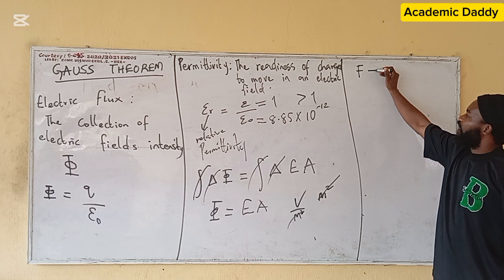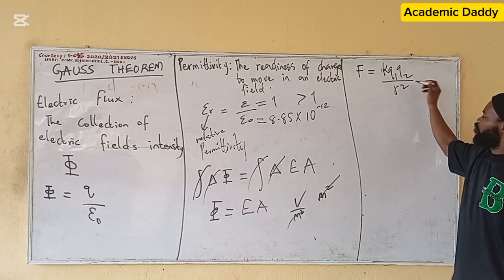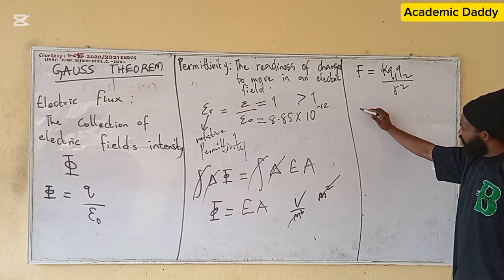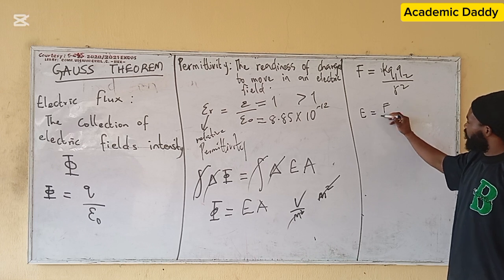I know that F is equal to KQ1 Q2 all over R squared. Then I know that electric field intensity is equal to force over charge.